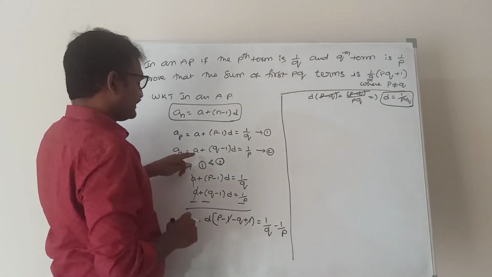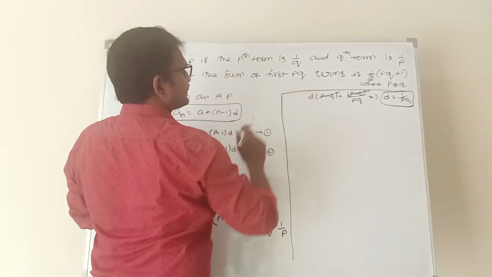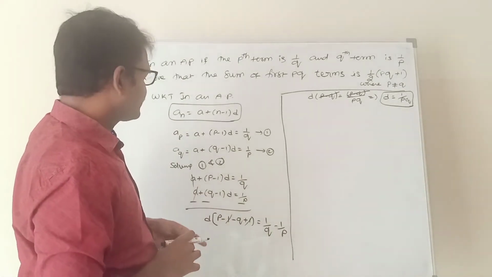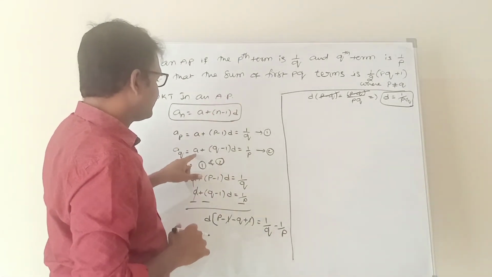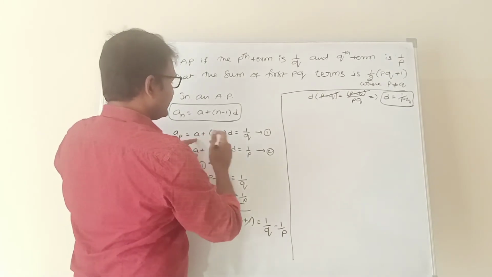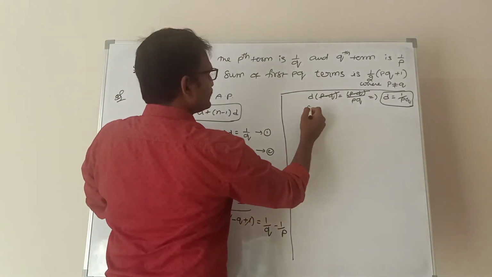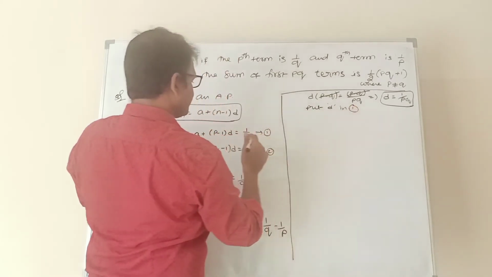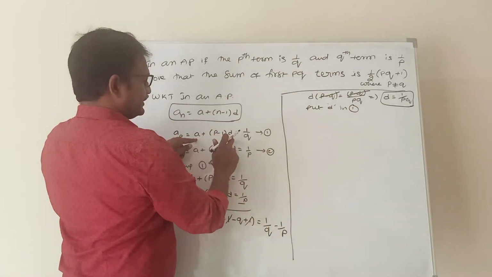Now find the a value, because for the sum of the first pq terms the formula is n by 2 into 2a plus n minus 1 into d. To get that we need the a value. So how to find a? Substitute the d value in equation number 1.